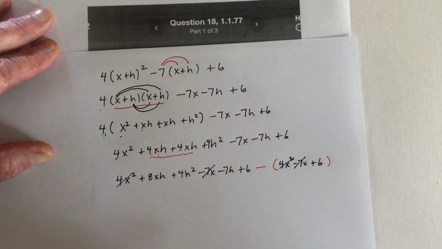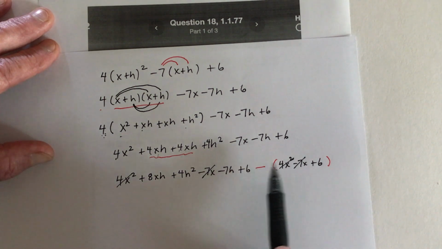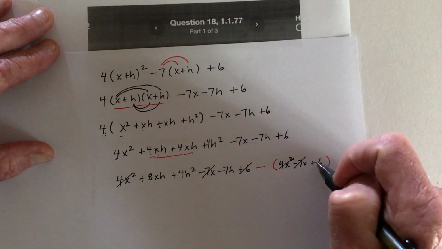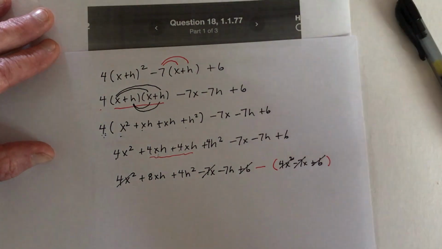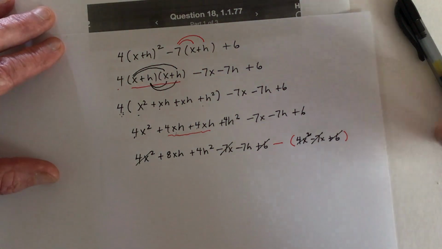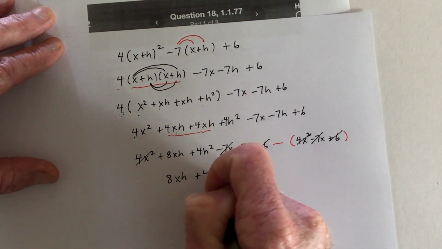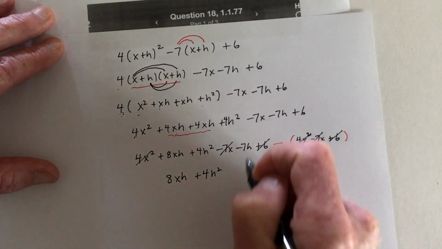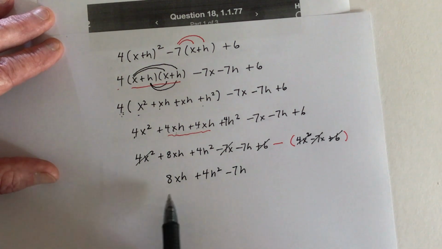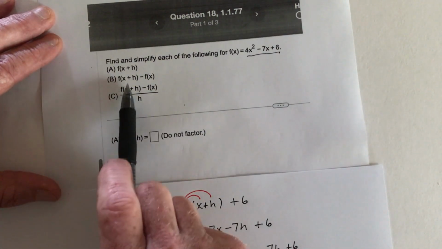And this negative 6 is going to cancel this positive 6. So what's left? There is an 8xh that's left plus 4h squared. There's minus a 7h. And nothing can be combined, so that is part B.